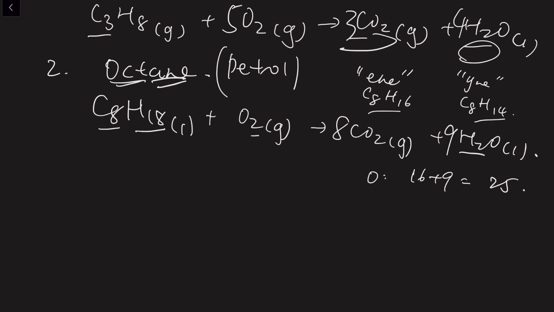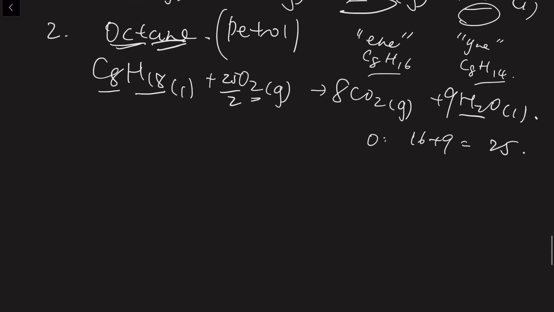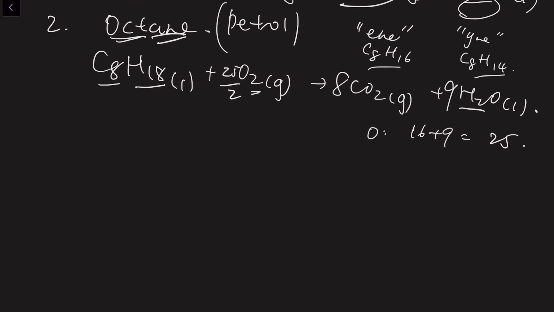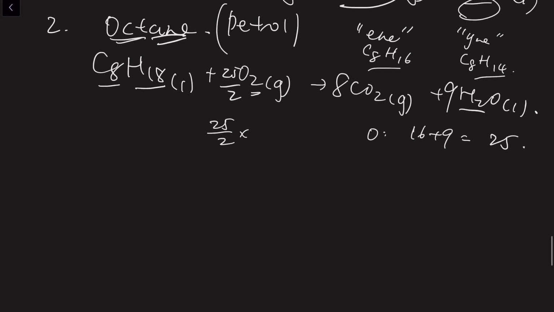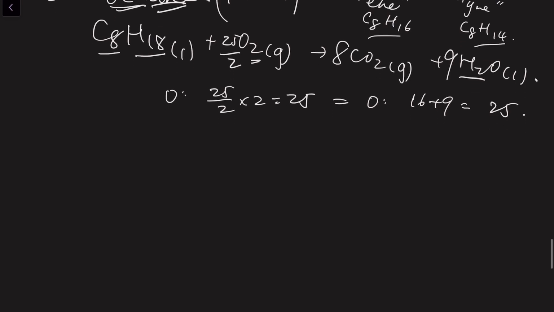Because each oxygen gas has 2 oxygen atoms, we need 25 over 2 oxygen gas molecules. So that's how you write the chemical equation for the combustion of octane. 25 on 2 times 2 is 25, so this is equal to the right hand side.